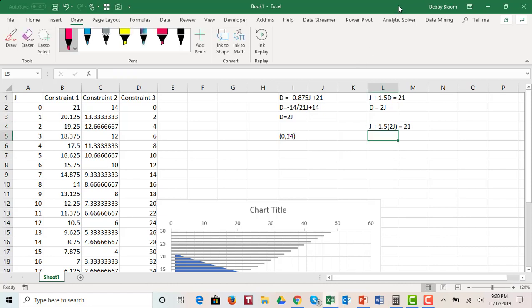Now 1.5 multiplied by 2 is 3, so now we have j plus 3j equals 21. So we have 4j equals 21, and finally, after all of that, j is going to equal 21 divided by 4, which is 5.25.